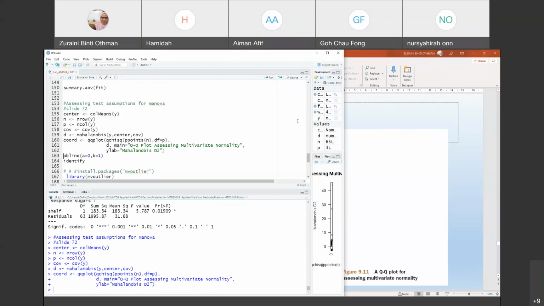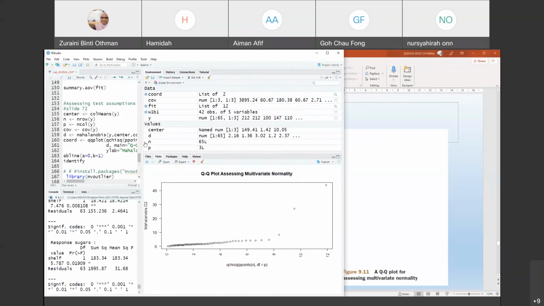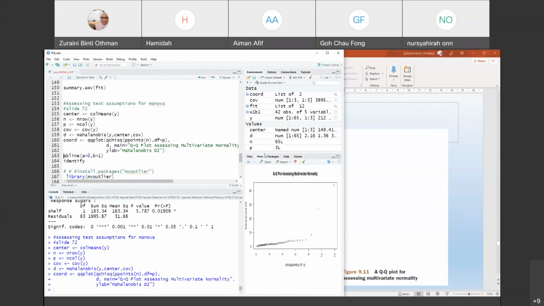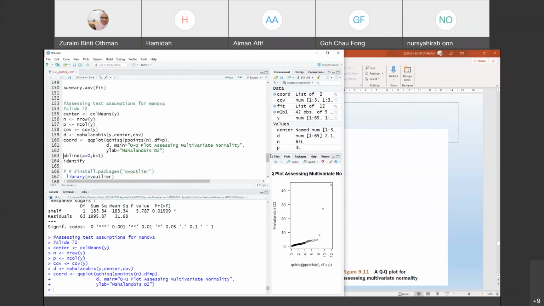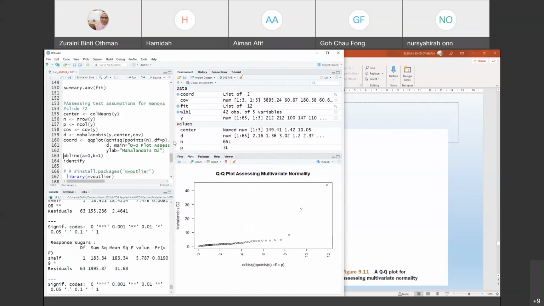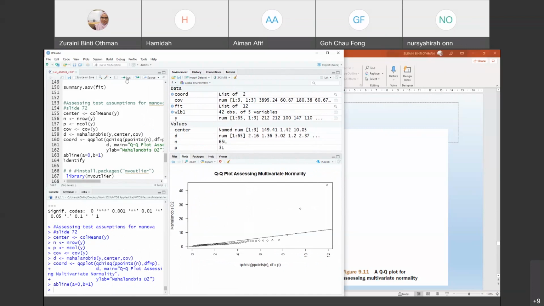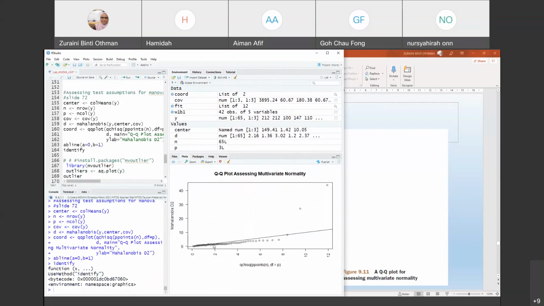This is the coordinate that you can see. Then abline 0, 1. Run this first and identify. This is where we identify the points.